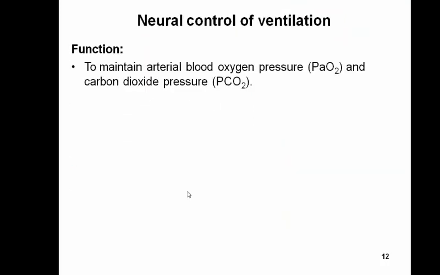So the overall control of the mechanical function comes from the neurons, but then that begs the question, what controls the neurons? Well, the whole system is all designed around maintaining a certain amount of oxygen in arterial blood, and that's the blood that is often referred to as oxygenated blood.